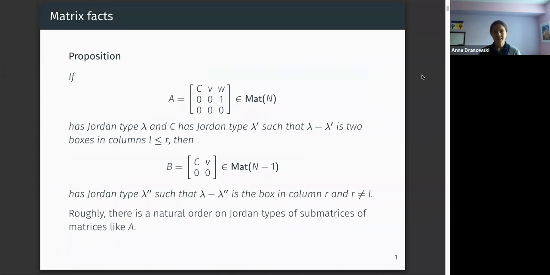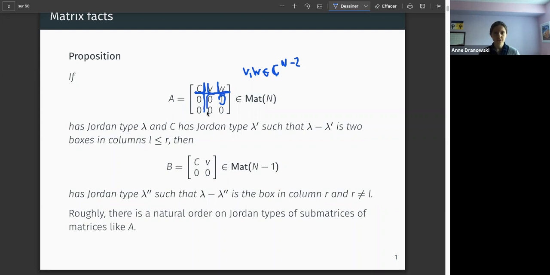So if I have a matrix that looks like this, a block matrix with an upper left n-2 by n-2 submatrix C, and these two columns V and W in C^(n-2), and 1 right here, so the lower 2 by 2 diagonal block is sort of a Jordan block.